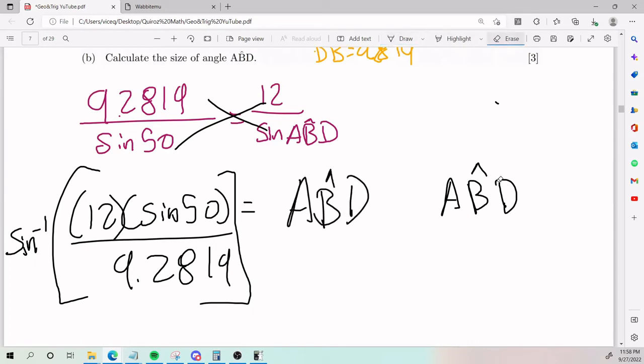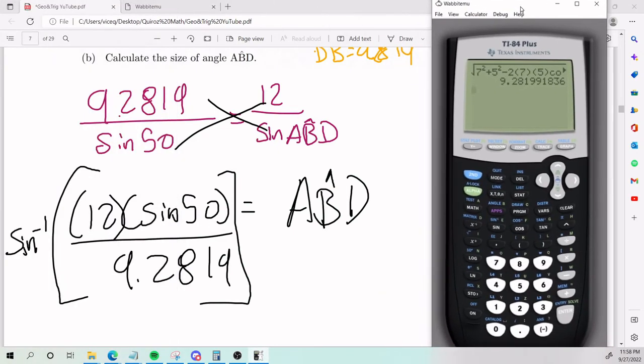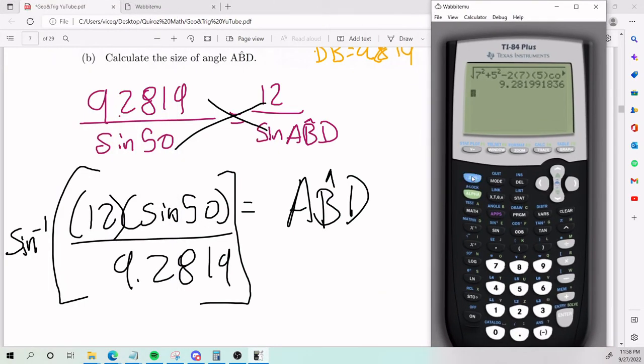All right? Let's check our calculator, see what it does. So I'm going to do second sine inverse, and use the fraction template. I think it's just easier to do it this way, but to each their own. 12 on top, times sine 50 on top. I go to the bottom, 9 point blah blah blah, ¿cierto?